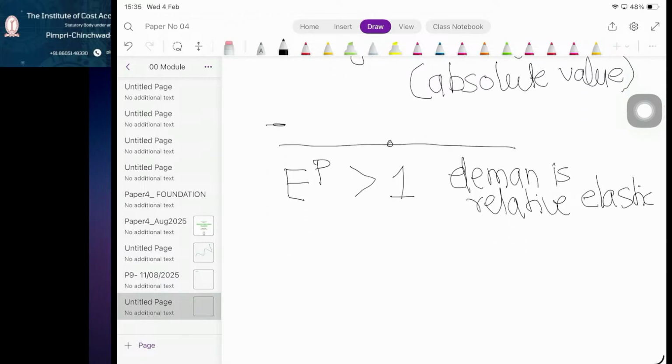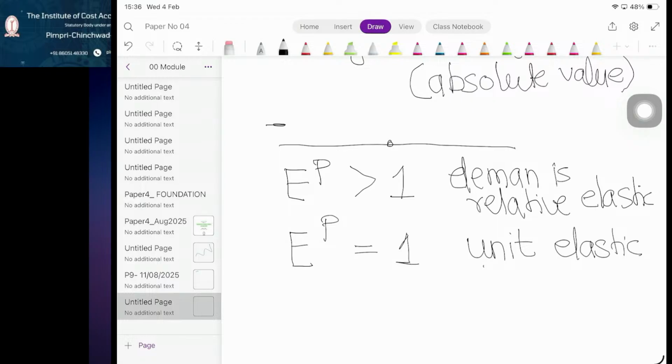Look, if it is equal to 1, then we say it is unit elastic. Unit elastic means if price goes up by 1%, quantity demanded also comes down by exactly 1%, then it will be unit elastic.